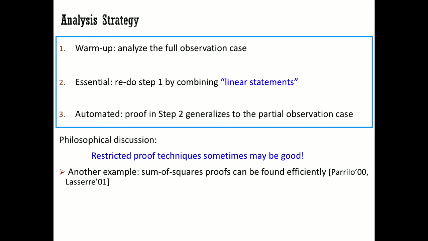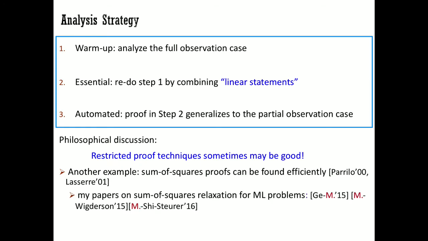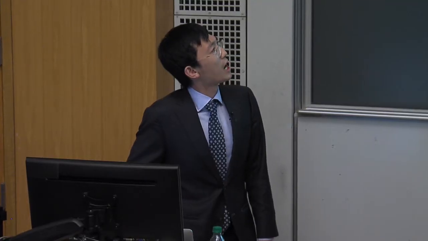This is a proof technique in algebraic geometry. It is a restricted proof technique, but it can be found efficiently. And I got inspired by these proof techniques a lot. I've also been working on sum of squares relaxations for machine learning problems, including tensor decomposition and sparse PCA. So this is all I want to say about matrix completion.